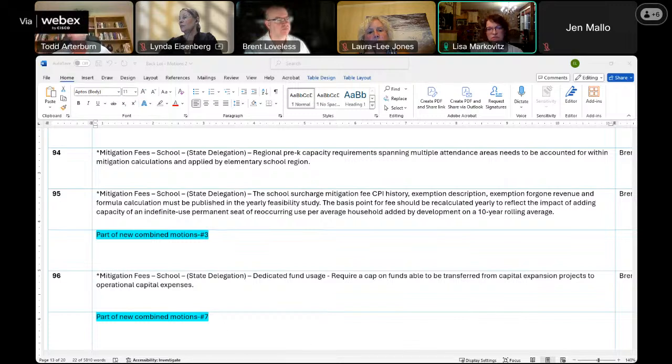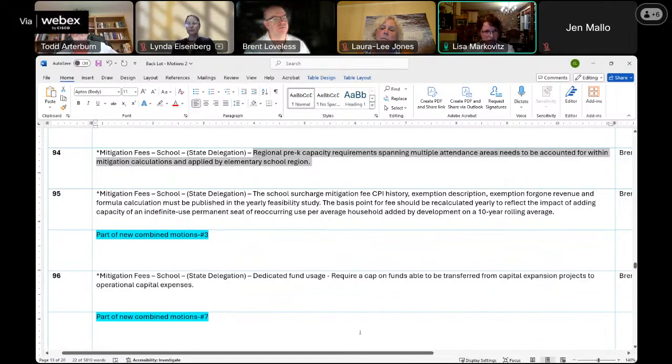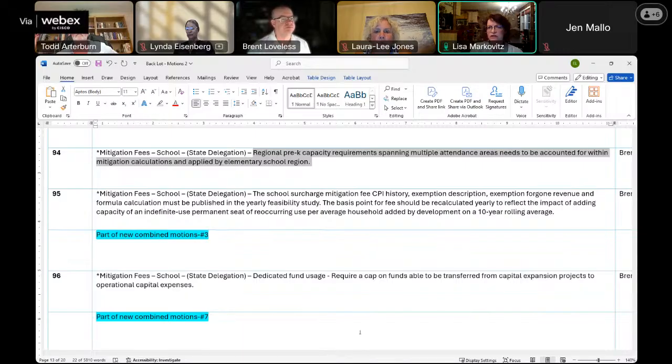And I was confused in this motion, Brent, as to the difference between counting students in capacity versus what you're talking about, making up expenses of pre-K to relate to mitigation fees somehow. I think either way could work. And if there's an issue of the difficulty of calculating expenses, maybe you can figure out a way to calculate capacity instead. That's why I'm seconding this, because I know a lot of people are interested in that. Thank you.